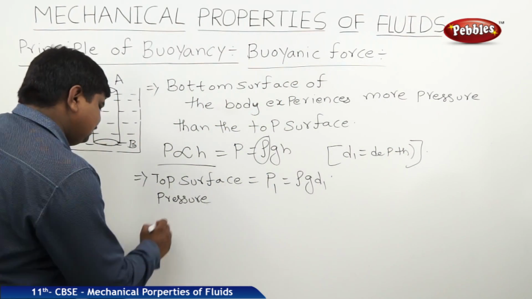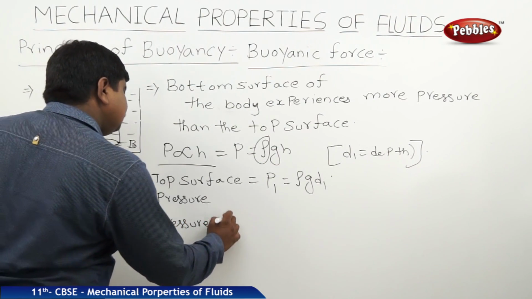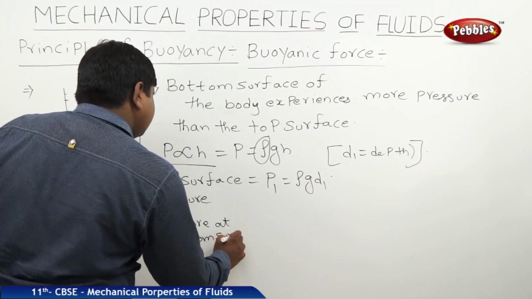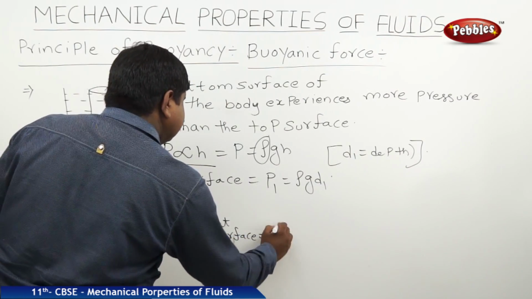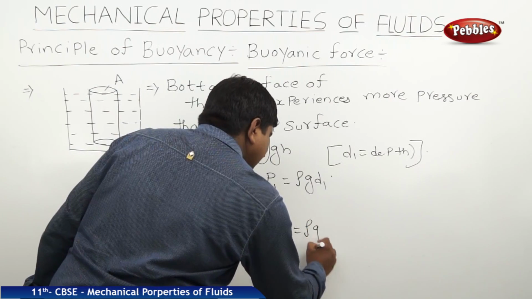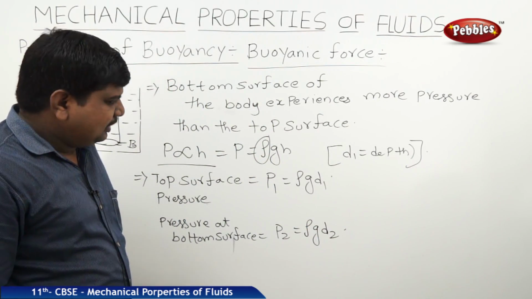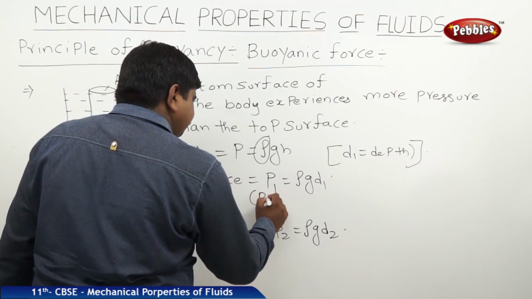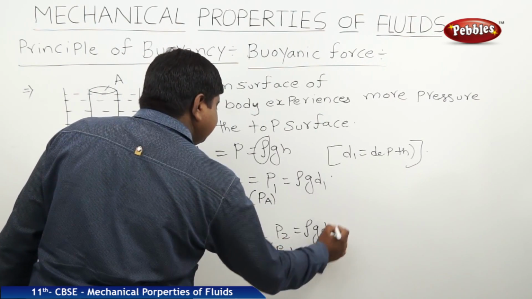At the same time, the pressure at the bottom surface, let us say P2, is equal to rho g D2. In place of h, we have written D1 and D2. In place of P1 and P2, we can write PA and PB also, that means pressure at A and pressure at B.